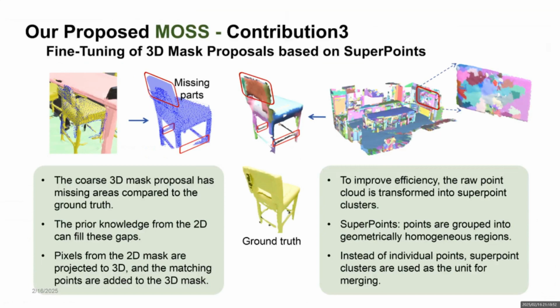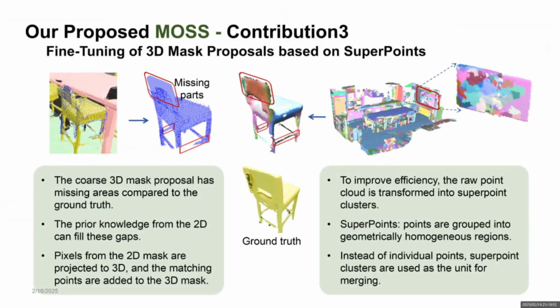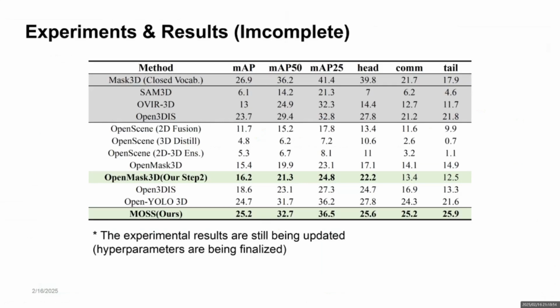To improve efficiency, the raw point cloud is transformed into superpoint clusters. Superpoints group points into geometrically homogeneous regions, and these clusters are used for merging instead of individual points. By doing so, we have achieved the completion of the coarse mask, thereby improving the segmentation accuracy of the 3D scene.